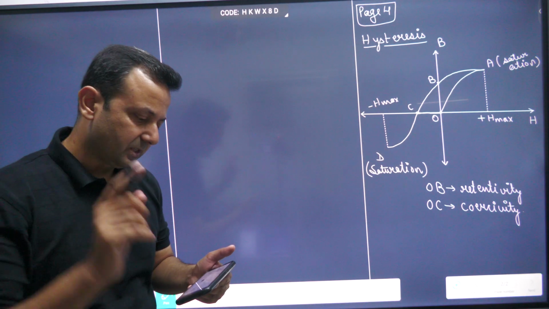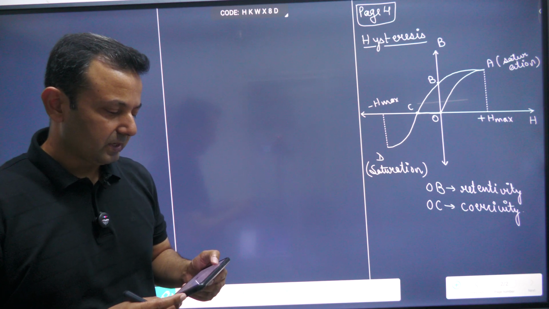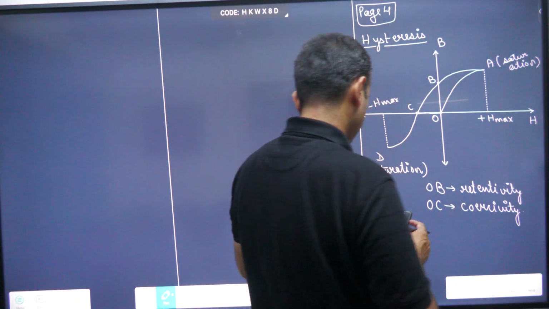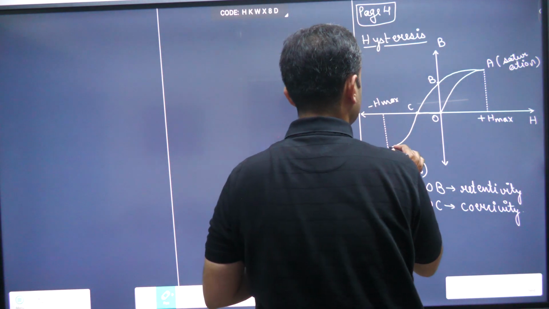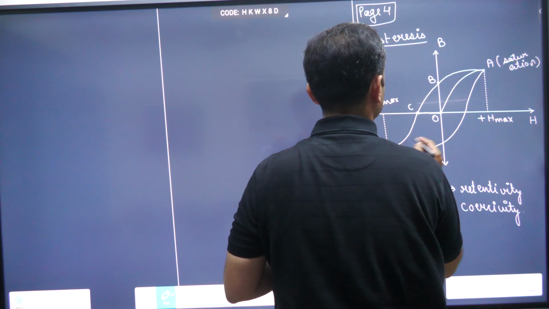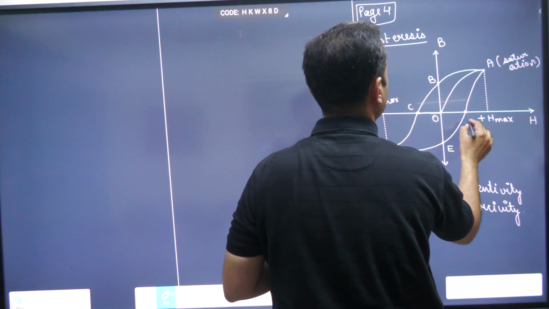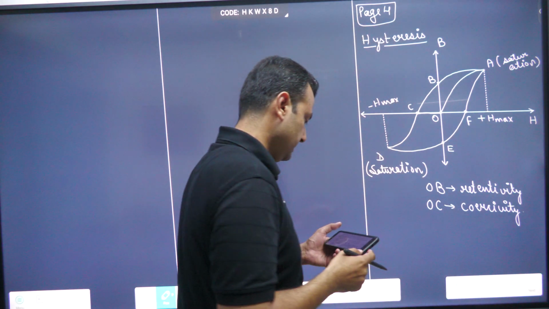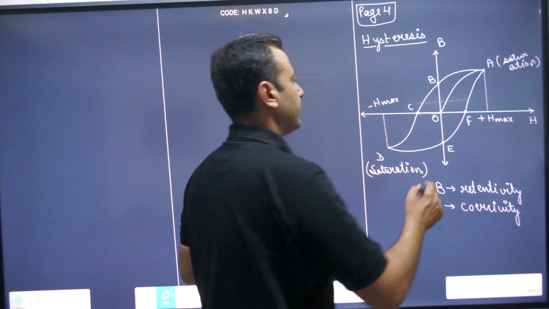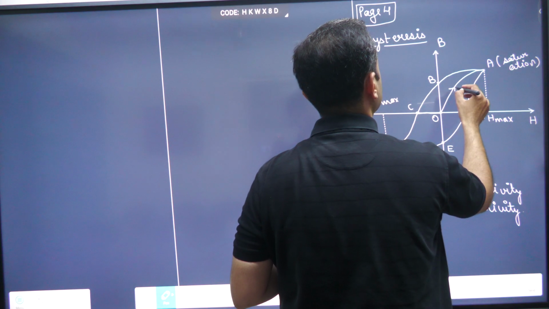Now if H is increased in the forward direction gradually, the point A is reached after going through the path DEFA. First we increased H and the magnetic induction also increased.